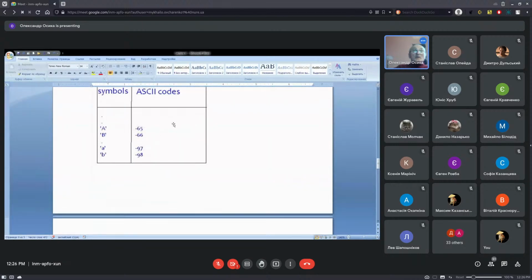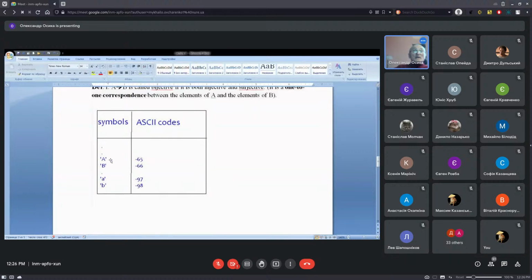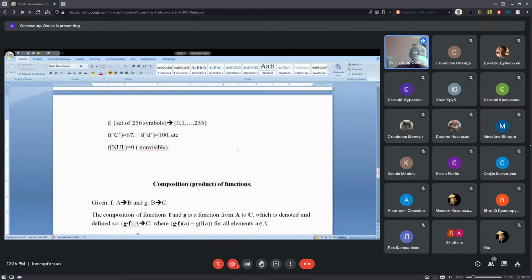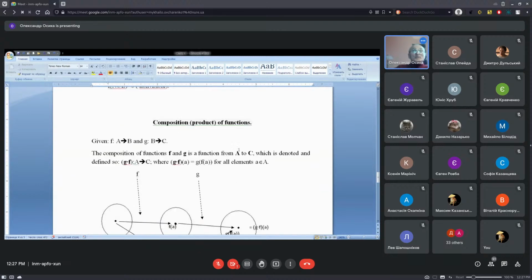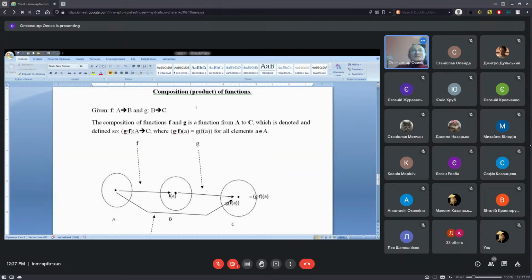It is an example of a function that is a one-to-one correspondence: given A capital, you get 65; given 65, you get A capital. Now the composition, or product, of functions, which is quite similar to the product of relations.